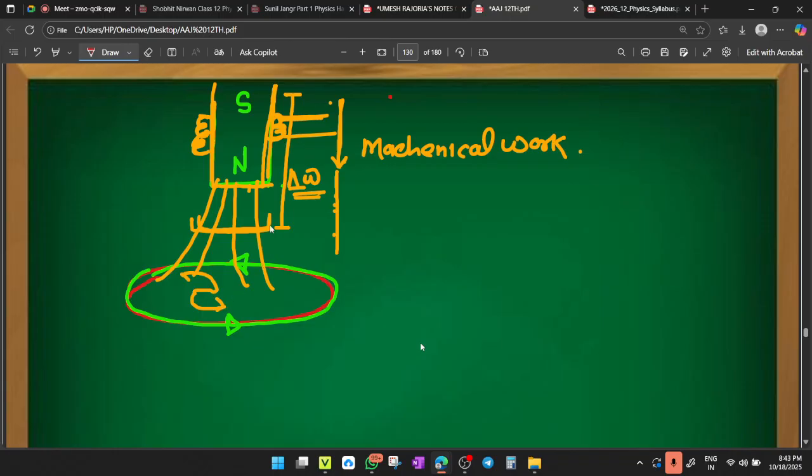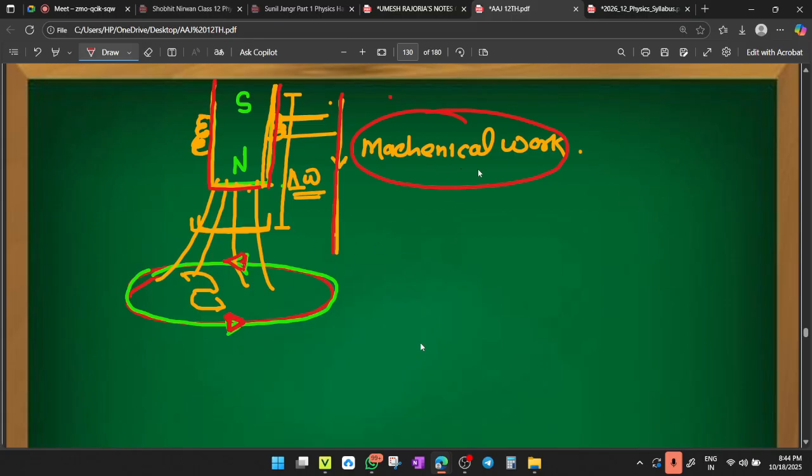Yes or no? Now this work is reflected here in the form of current. That is nothing but your work. So your mechanical work is reflected here as electrical energy, right? Your mechanical work gets expended here in the form of electrical energy.